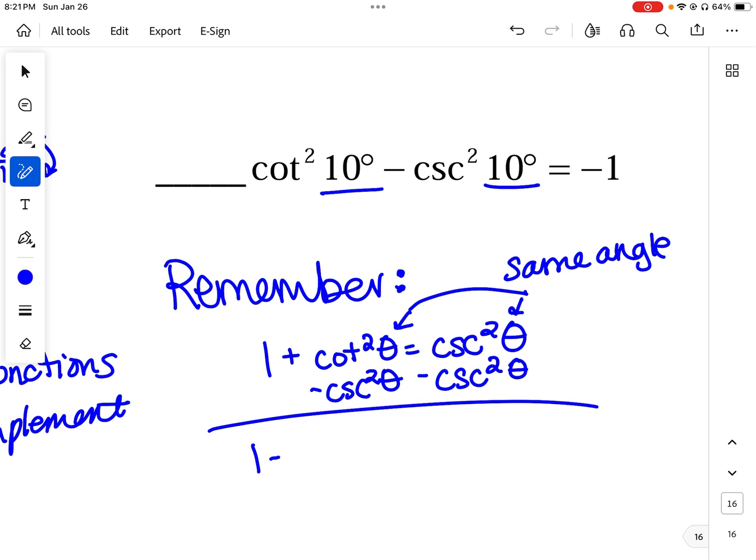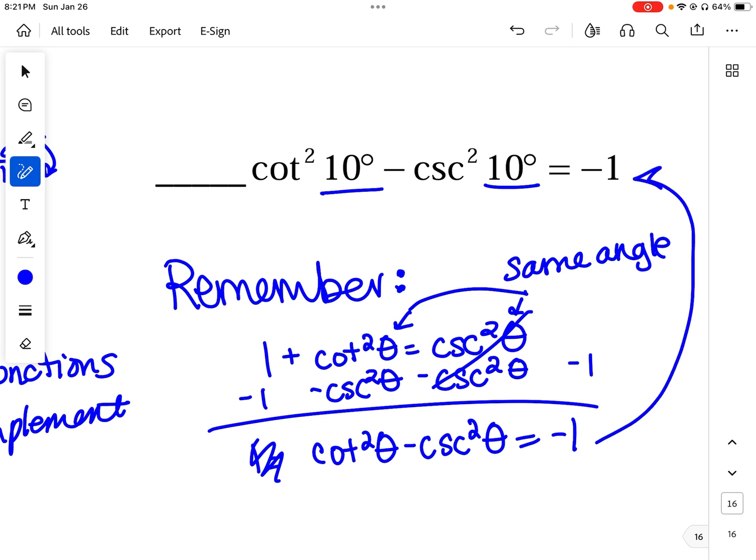So I get 1, and then I could do -1 over here. That's what I really could do. All right, so cotan squared theta minus cosecant squared theta equals -1, which is the same thing here. All that's different is that the theta is 10. Okay, so this is true. All right, that is it for our notes.